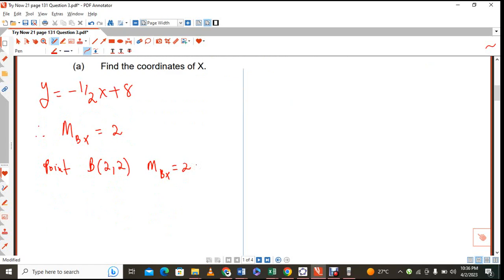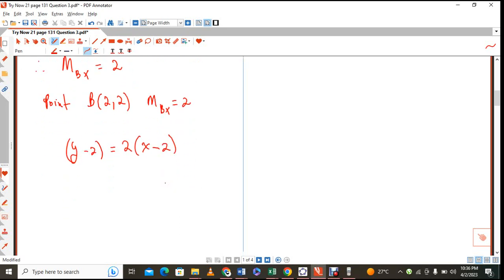It's very important that you remember this formula. So the gradient is 2, so you have 2 times (x minus 2) equal to y minus 2. If you are given one point, you can use this formula. Hope that you still remember how to get to it.